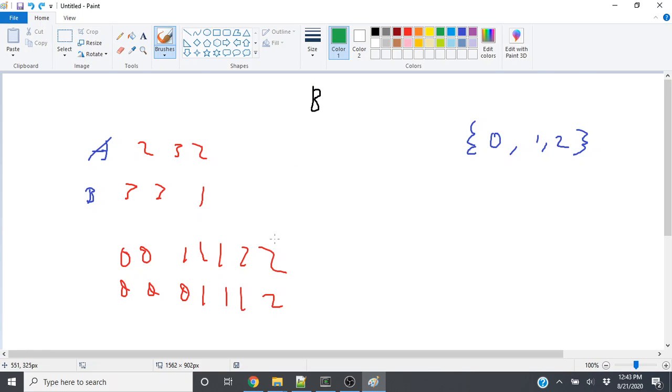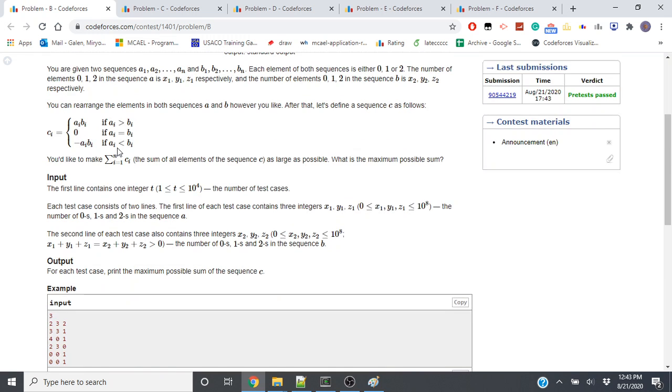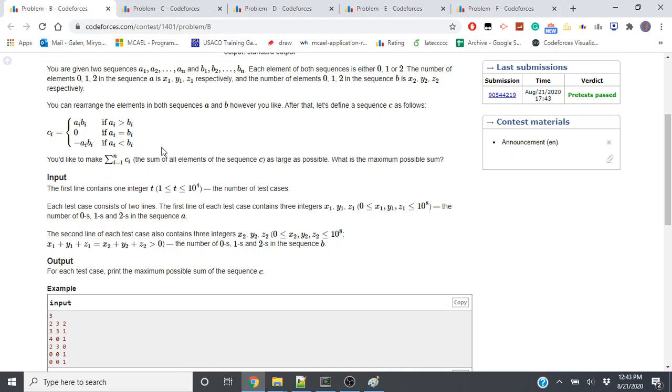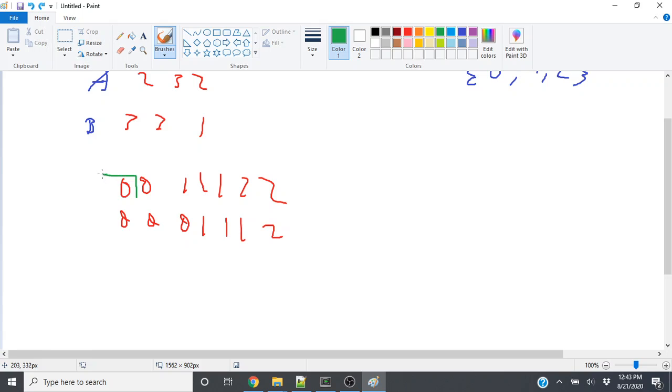Then you're going to create a new sequence C, and this C has special properties. For each index i, if the two elements are the same, you make it 0. I'm going to add a few more here: 1, 2, 0, 1, 0, 2. So all of these will be 0.